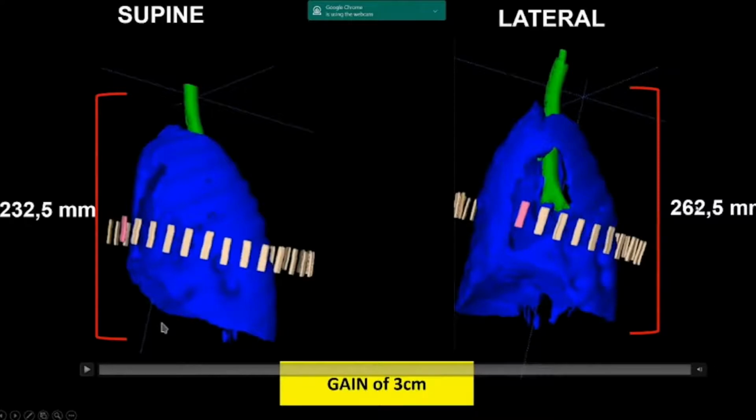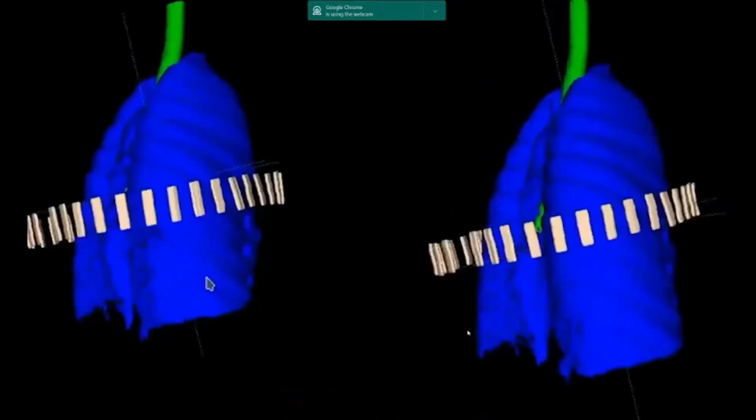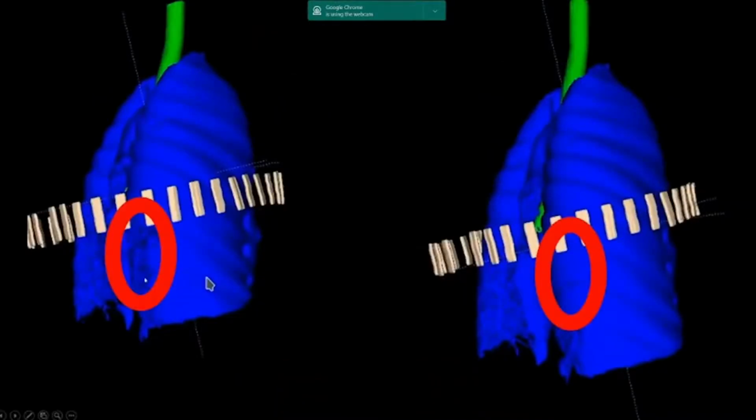We have an increase of 3 centimeters in the lung size. And when we rotate the lung, you can see that some regions that were previously collapsed got completely recruited without increasing any PEEP and without any recruiting maneuver. We just stayed at the same PEEP level, but rotated the patient first to the right side and then to the left side.